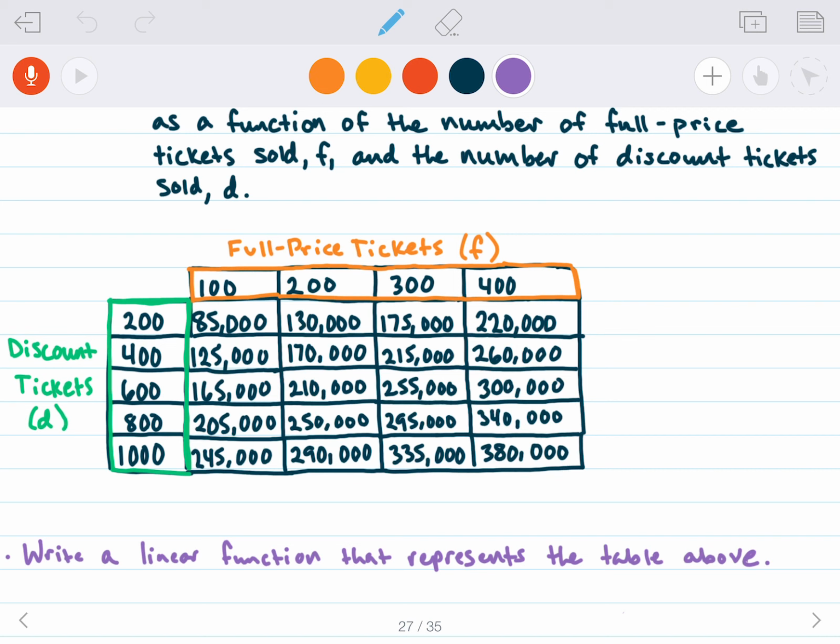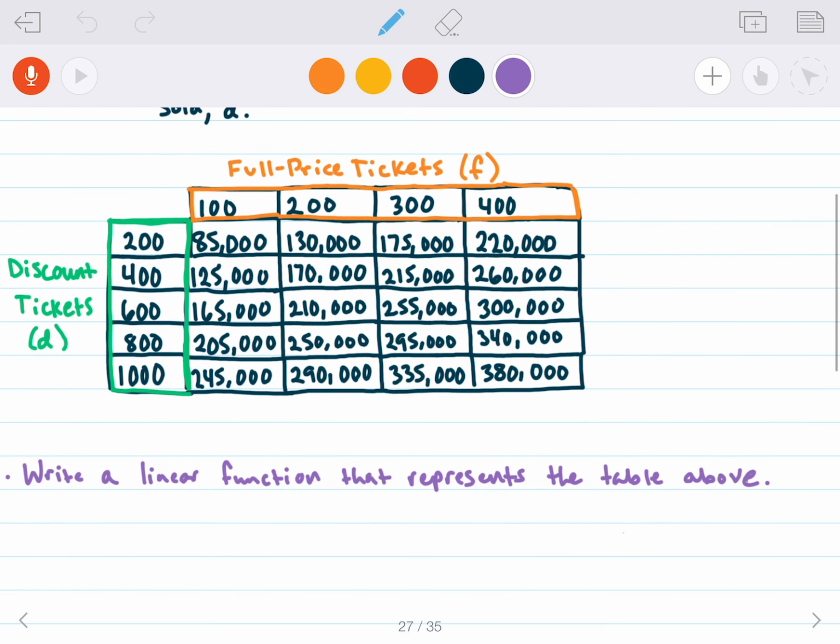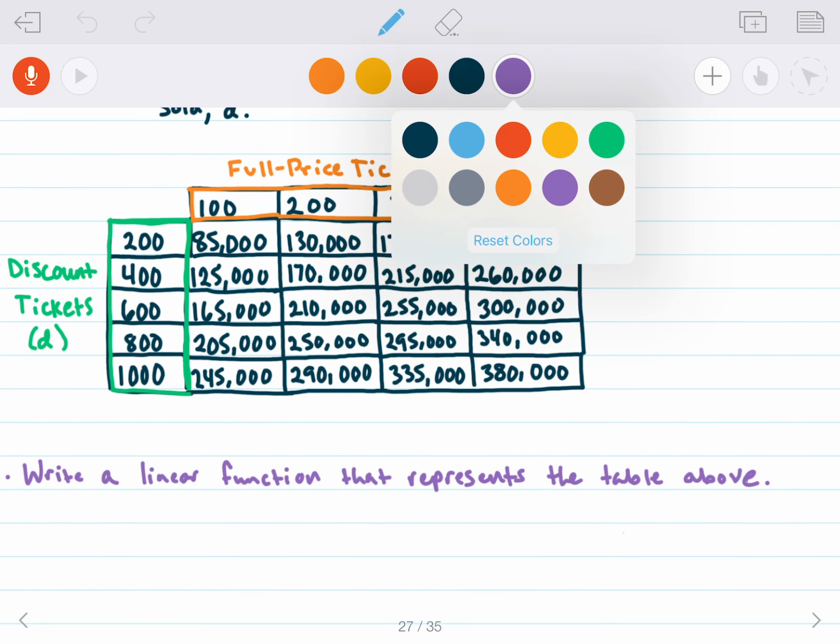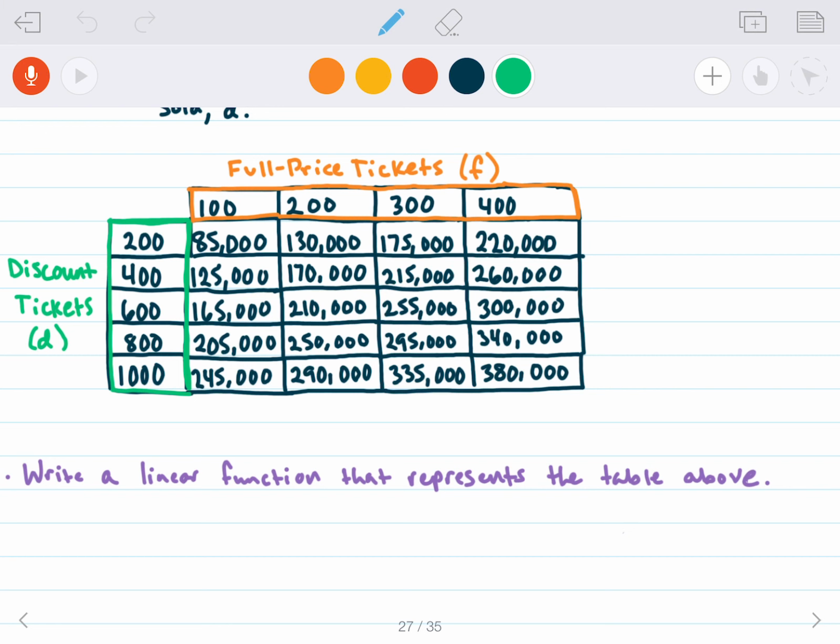And so what we are trying to do is find the slope in the column direction, and the slope in the row direction. And we have plenty of points to work with to find our missing variable c. So let's first figure out what the following is.